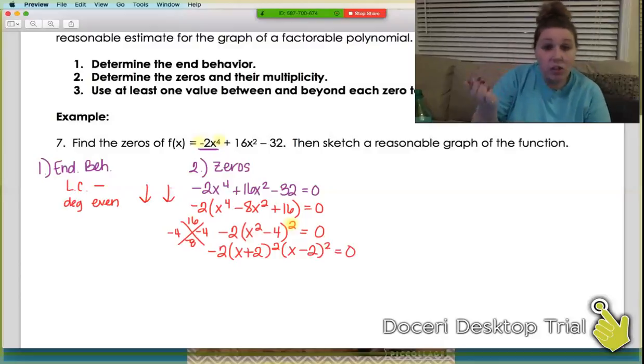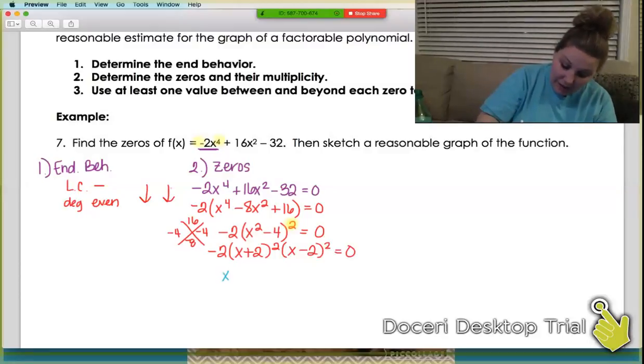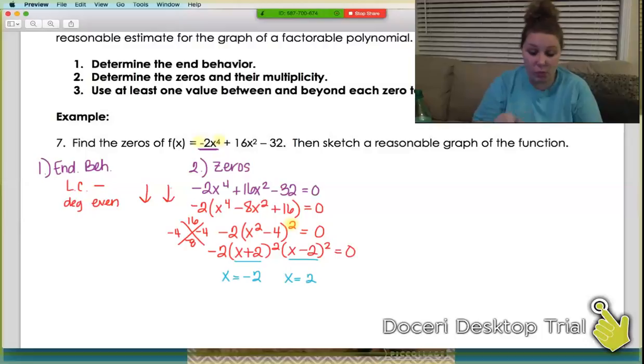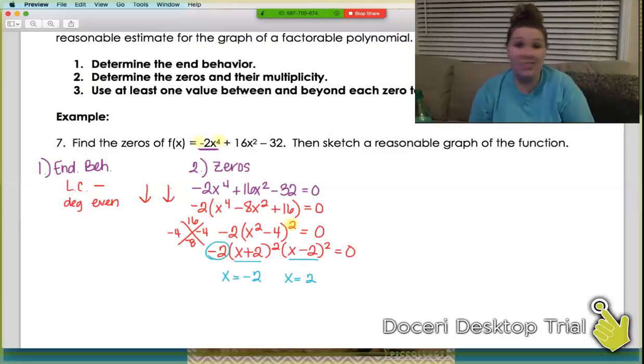So now we can solve this and get our zeros. I have x equals negative 2 for this one, and I have x equals positive 2 for this one. I don't get a solution from the GCF because there's no variable there. It's just negative 2. 0 can't equal negative 2. And so we have 2 solutions.